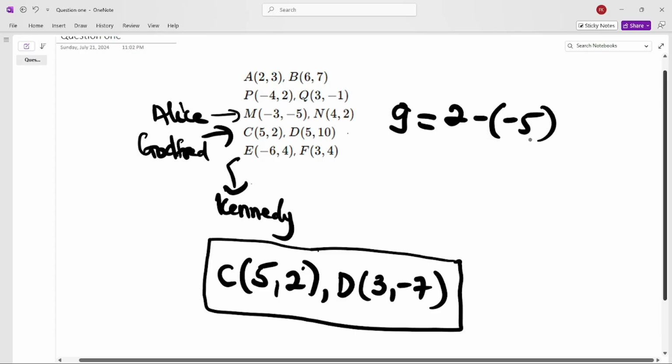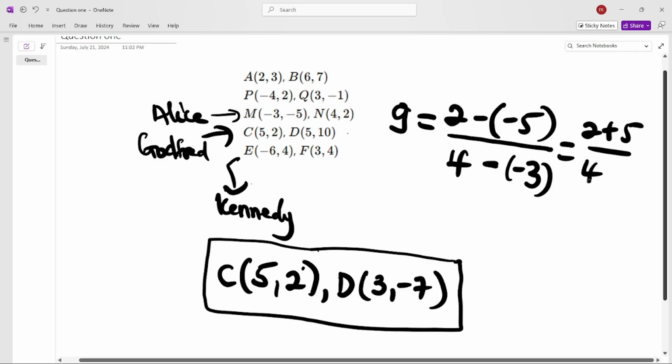So that is negative 5 all over. Now, what is the x from here? The x from here is 4 minus the x from the other side, which is negative 3. So the top will give me 2 plus 5, all over 4 plus 3. That will give me 7 over 7, and 7 over 7 is 1.